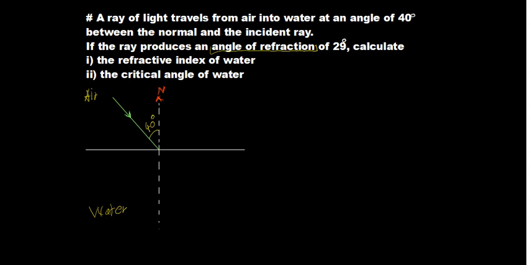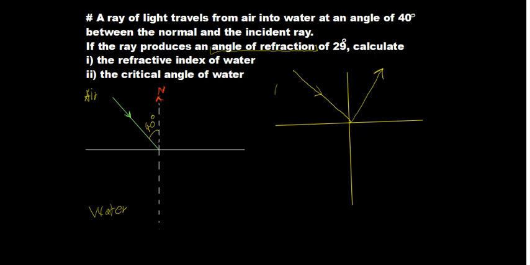Let's say this line separates two mediums, and let's say this is the normal. When you have a ray of light coming like this, and then it bounces back going like that, it's still in the same medium.